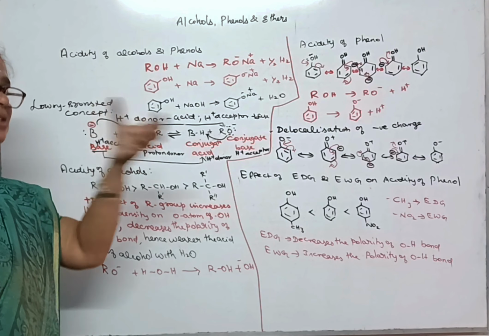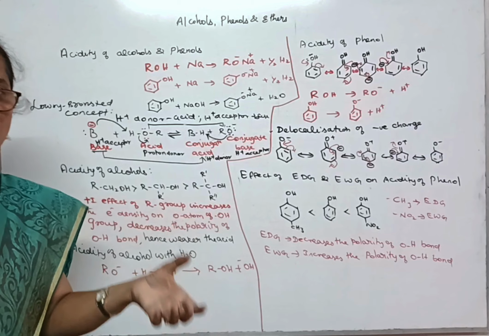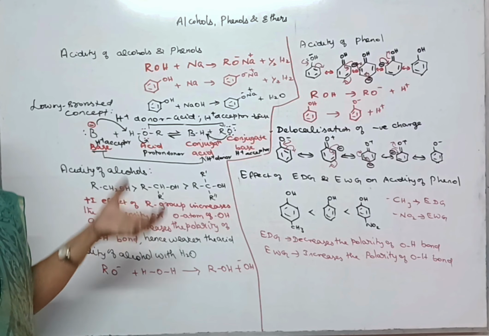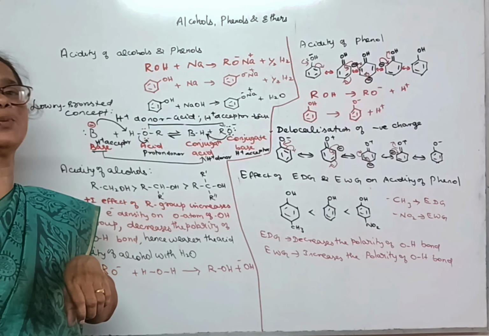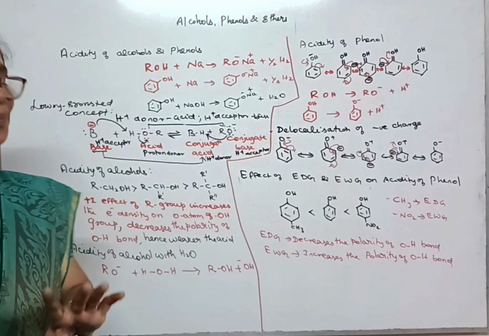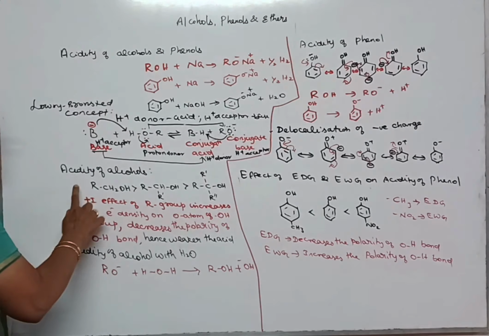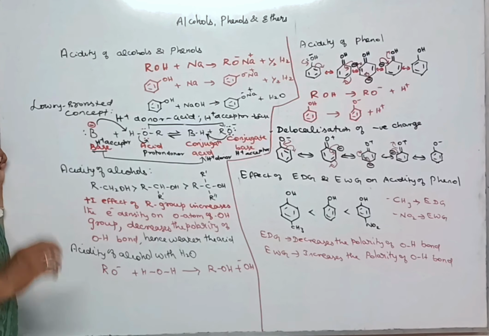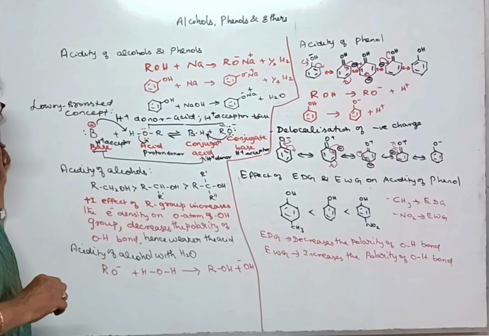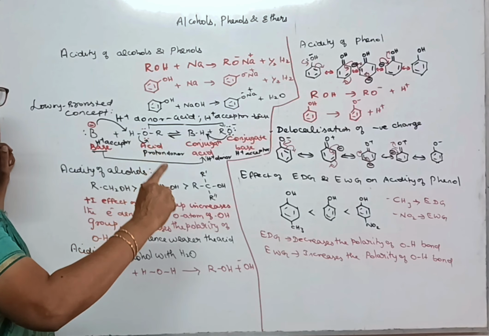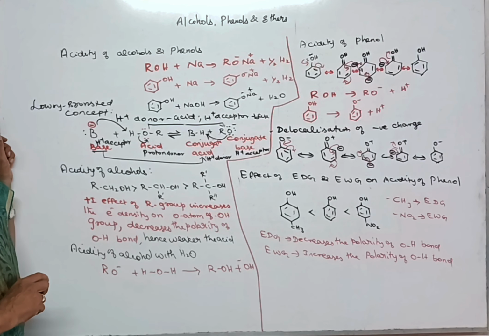The one which is ready to lose the acidic proton is said to be a stronger acid. The one which is ready to accept the proton is said to be a strong base. Here, the alkyl groups, as we know, are plus I groups. Plus I groups have a tendency of releasing electrons towards the most electronegative atom.